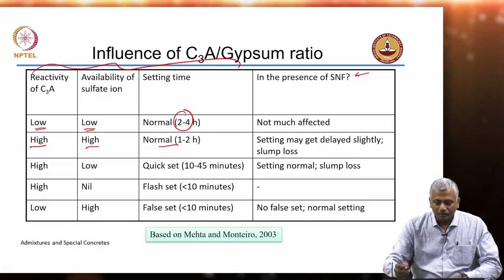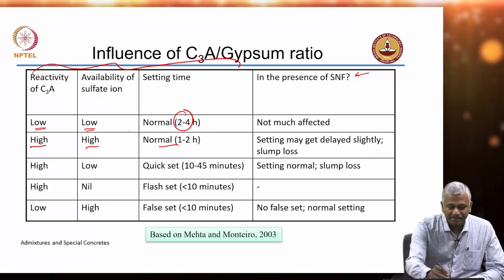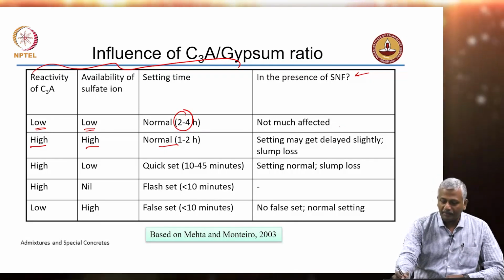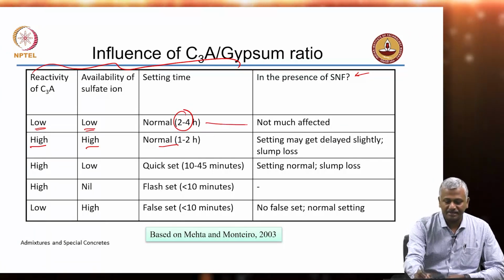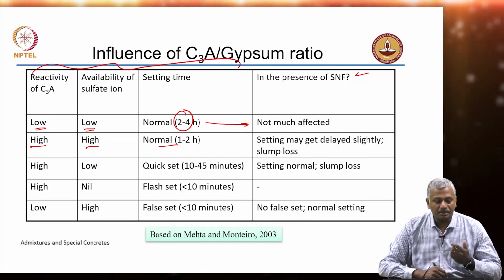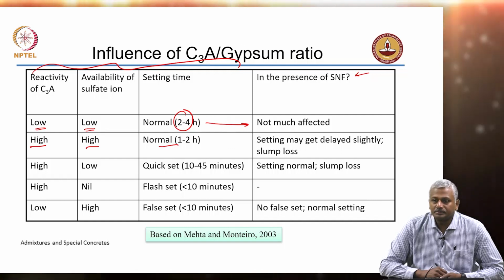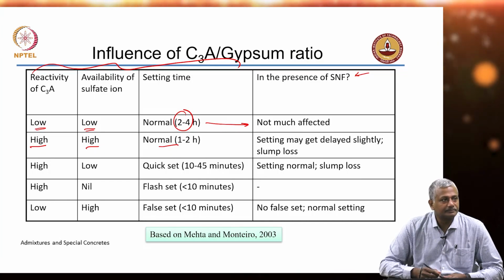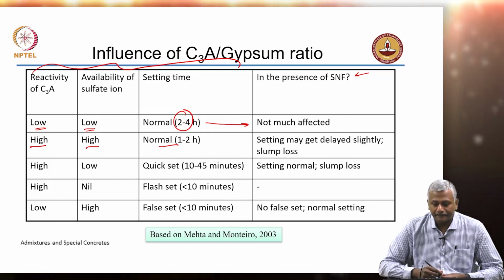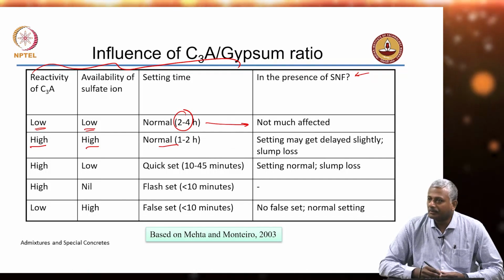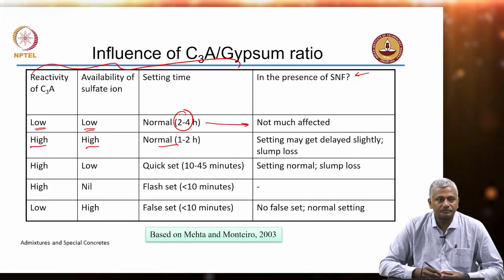So, what happens in such cases, which are seemingly normal for normal concrete, in the presence of SNF? In the first case, SNF does not affect much the overall setting time. Why? Why would the setting time not be much affected in the presence of SNF?